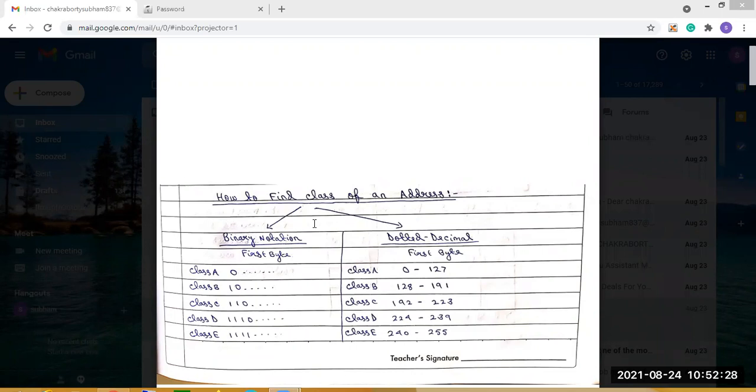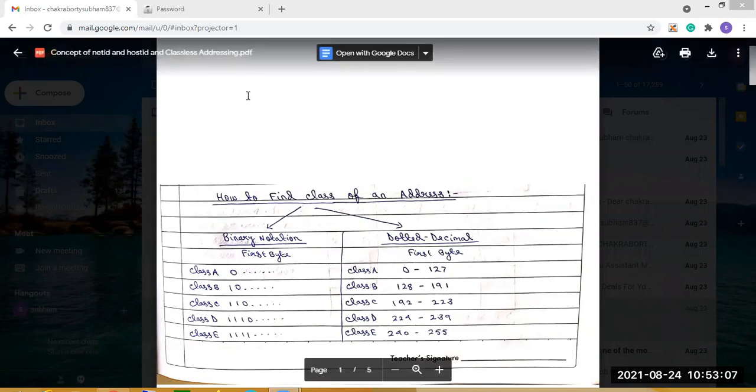The length of the address in IPv4 is 32 bits. Converting to bytes, 8 bits is 1 byte, so 32 bits means 4 bytes. By seeing the first byte, we specify in which class the address is present.